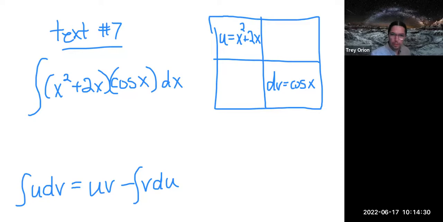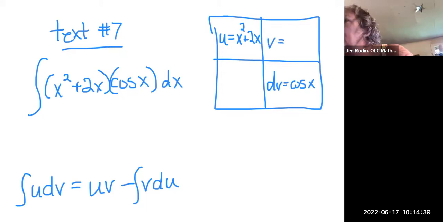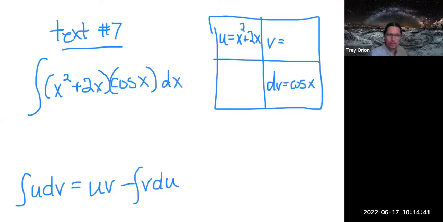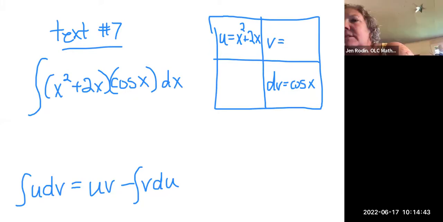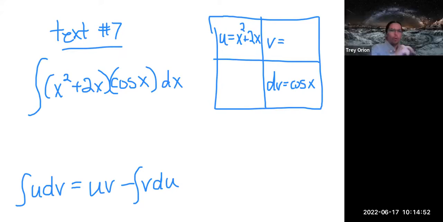dv is cosine x. I thought it was cosine x, but yeah, it's dv. So what's the integral of cosine? Oh, okay.